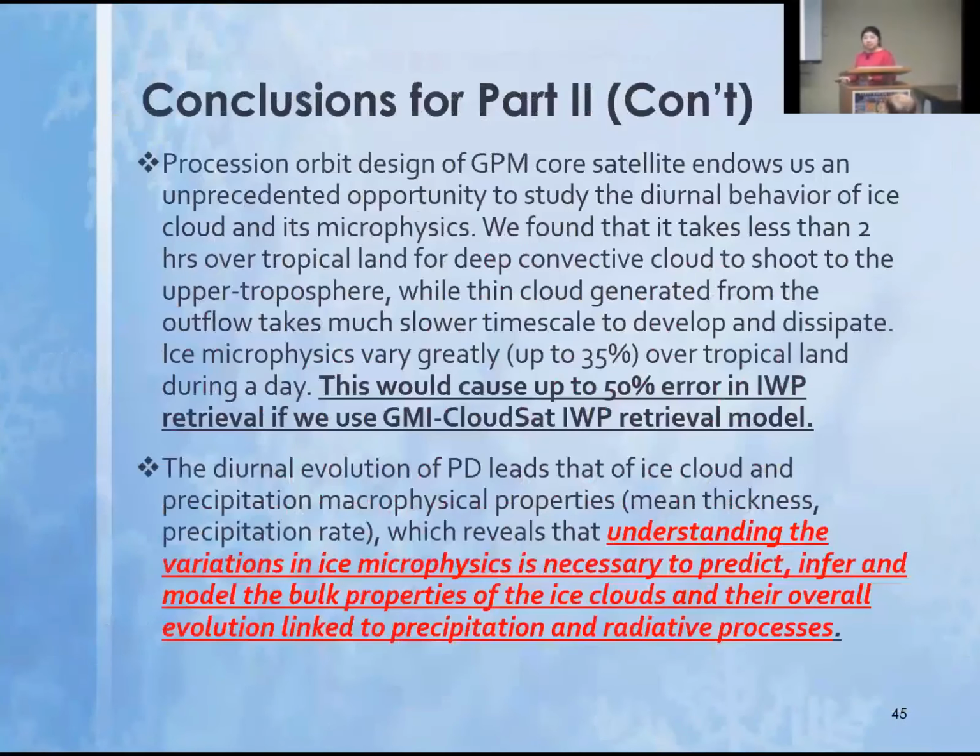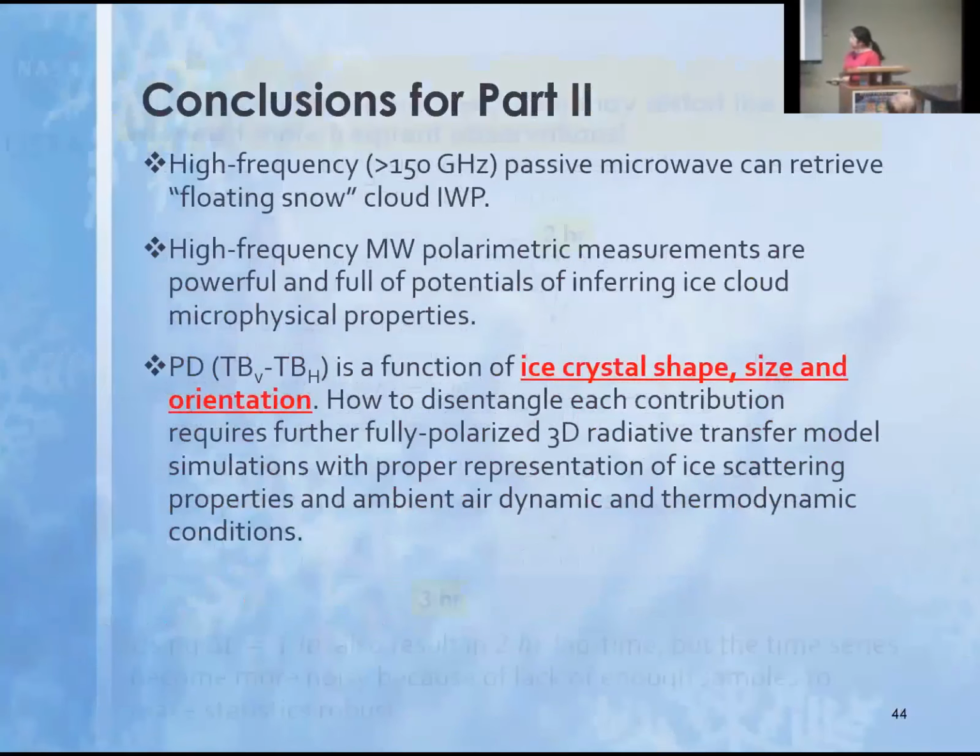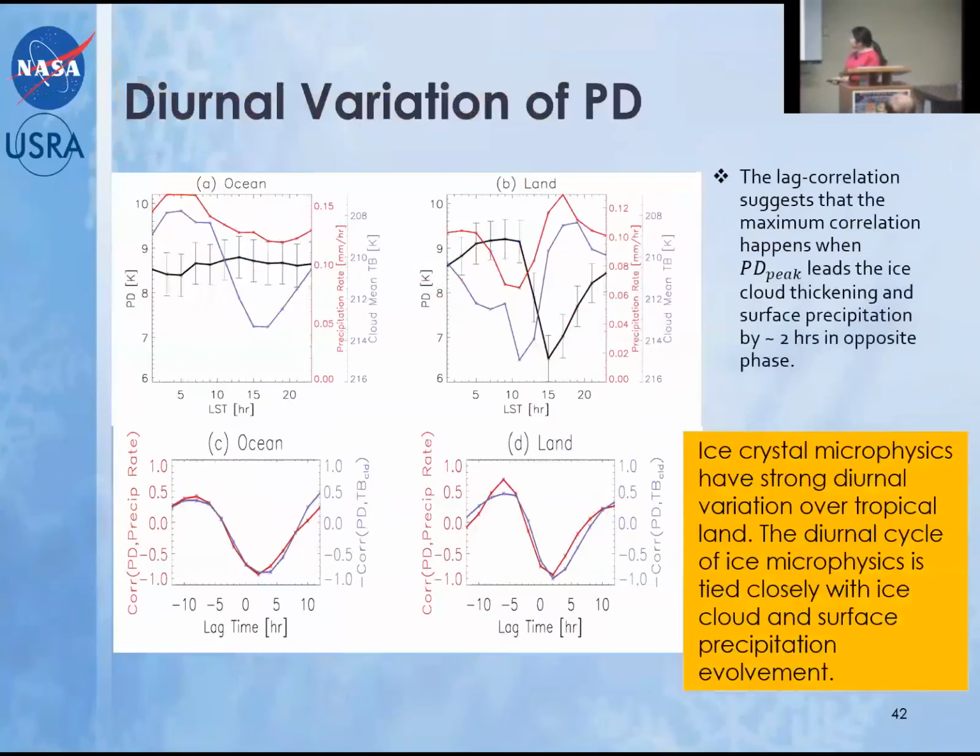I'm trying to understand the polarization difference. Yes, showing there over ocean, over land. This figure? Yes. This shows that over ocean it is pretty stable. Right. This is just for the ice cloud. Whichever, the blue line or the red line? The blue line.